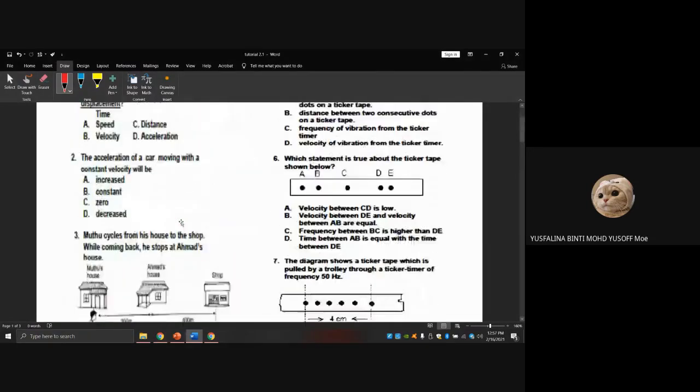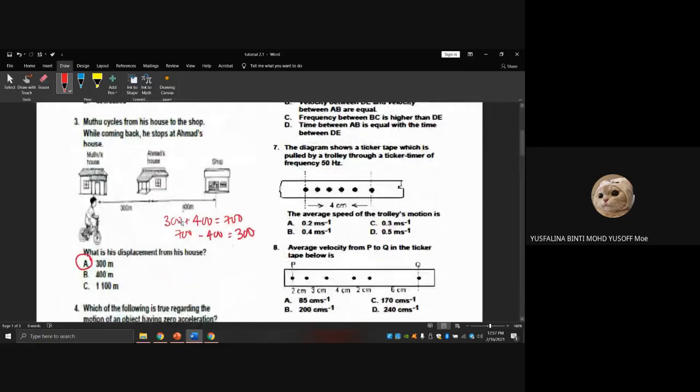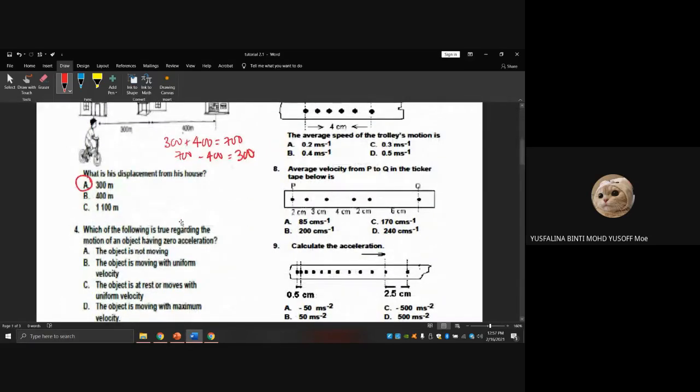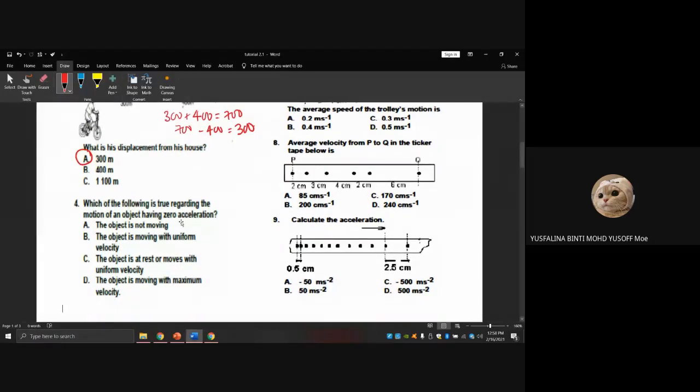Okay, and then I will stop. Number 4 and number 5, last 2 questions. B. Which of the following is true regarding the motion of an object having 0 acceleration?